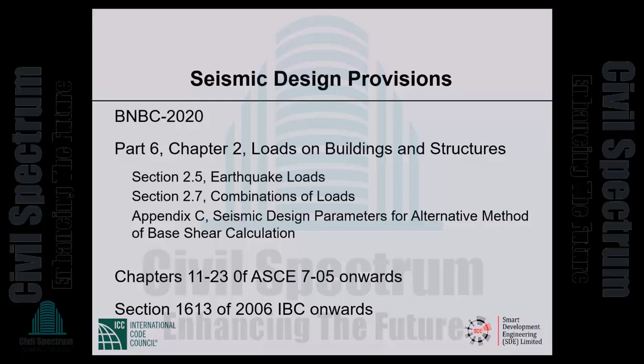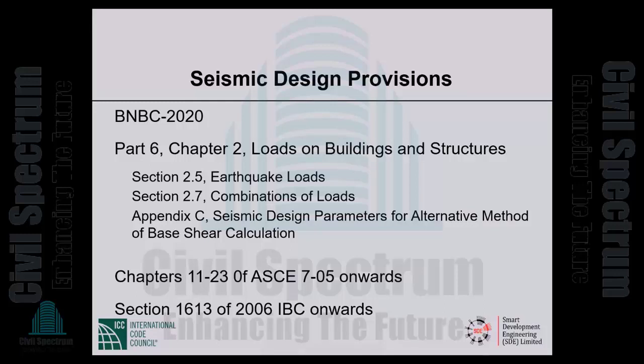In ASCE 7-05, the base document, seismic design provisions are in chapters 11 through 23. That was not the case in ASCE 7-02. It was in chapter 9 in ASCE 7-02. In ASCE 7-05, seismic design provisions were reorganized.